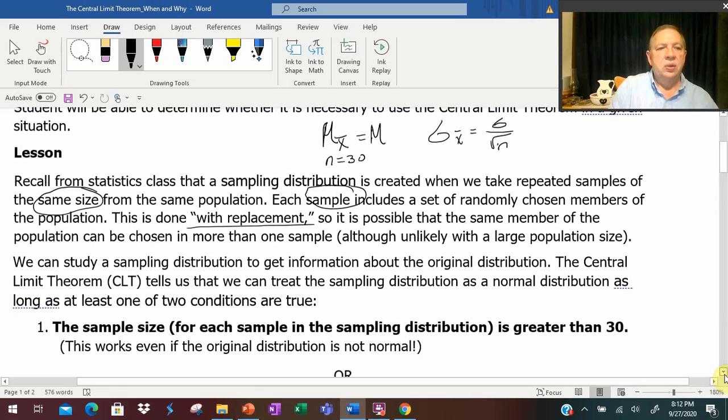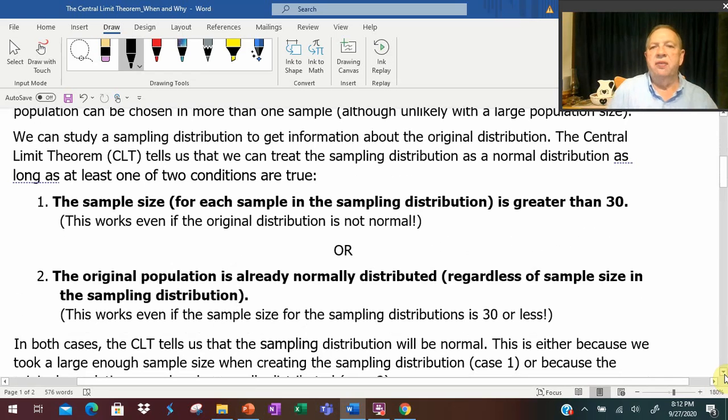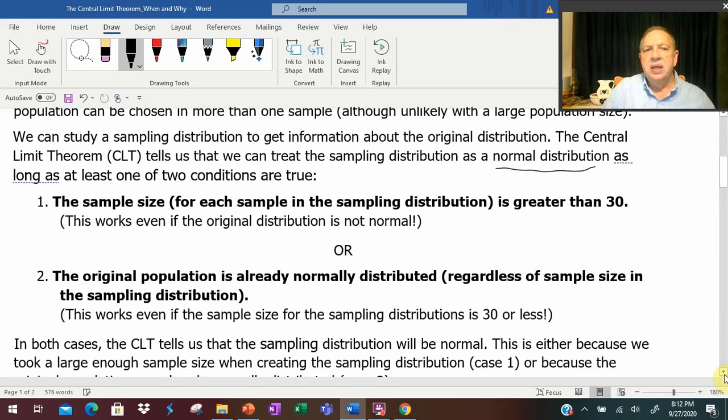We can study a sampling distribution to get information about the original distribution. The central limit theorem, CLT, tells us that we can treat the sampling distribution as a normal distribution. Once I take a number of those samples of the fixed size and continue taking them, and start graphing them out, it turns out to be normal. Each one of these would be an x bar 1, x bar 2, and so on.